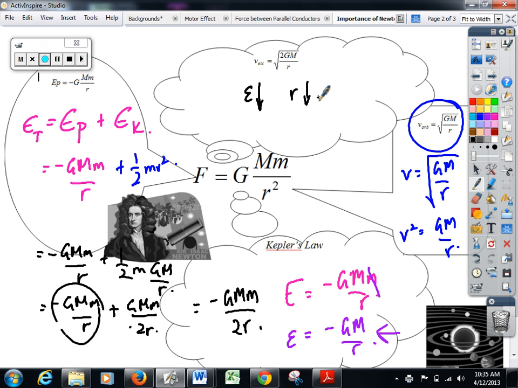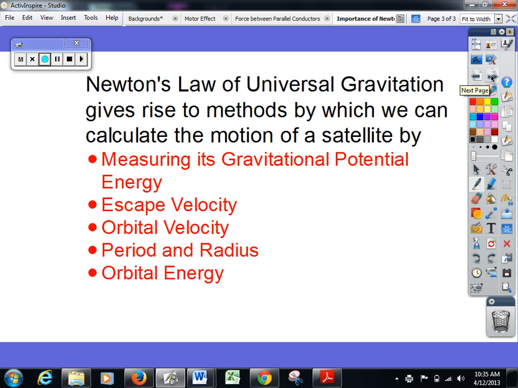And so we can understand orbital decay. So there are 5 things here that all rely on Newton's fundamental law that he determined about gravitation. In summary, Newton's law of universal gravitation gives us methods by which we can calculate the motions of satellites, and in 5 ways we can do this.